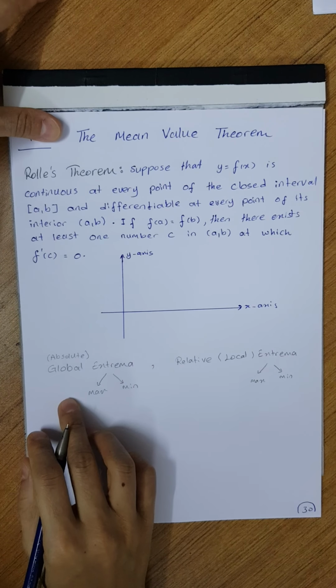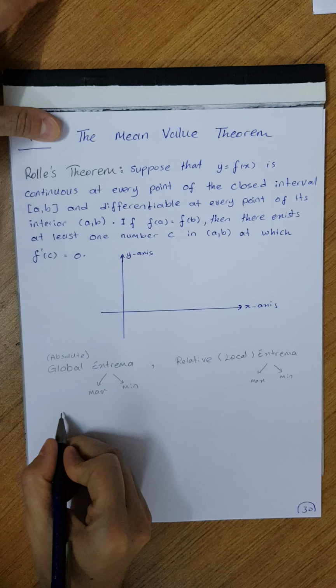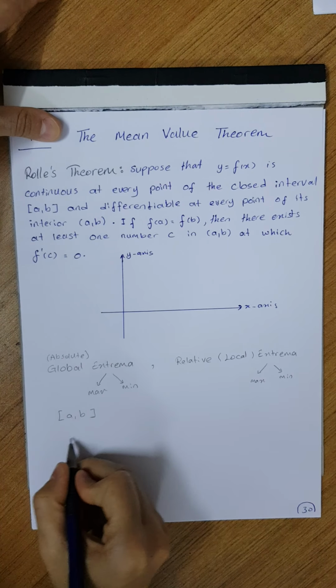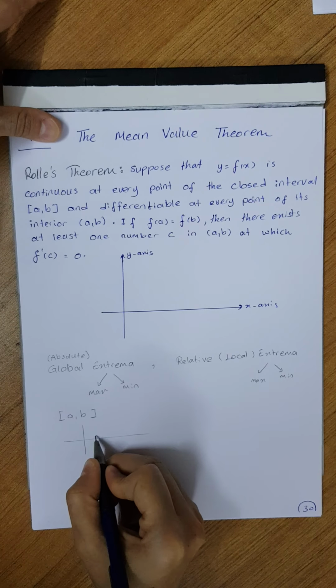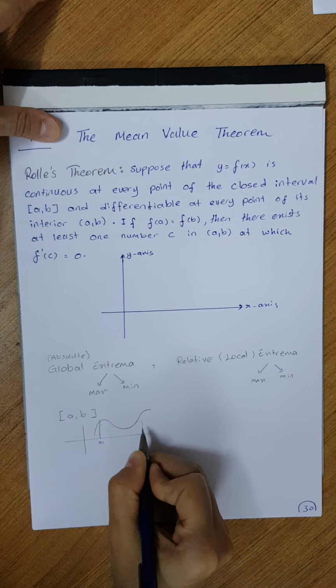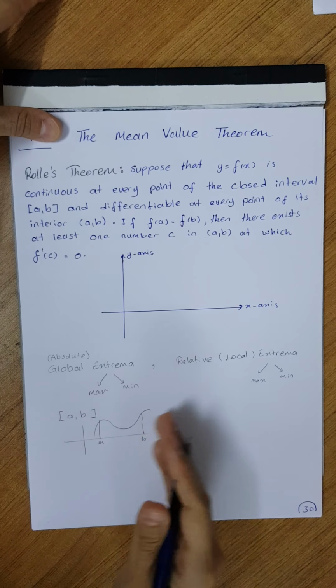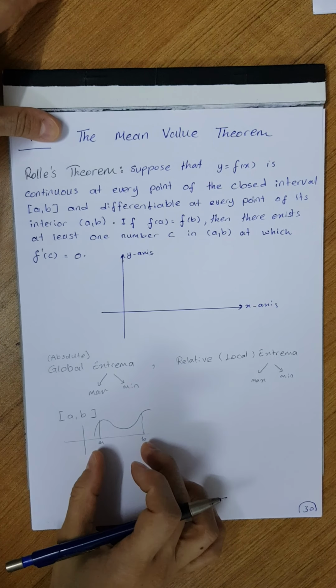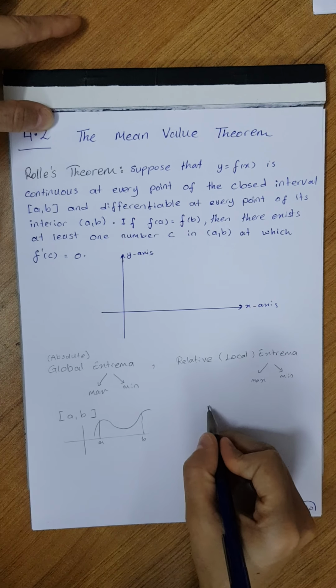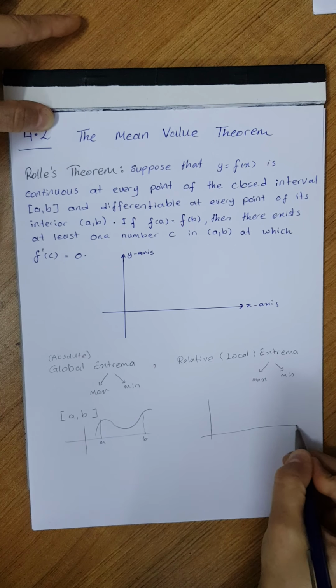But when we are talking about the global extrema, we are talking about the whole interval of the function that is given to us. For example, if you have a function like this one from a to b, we are talking about the global maximum and minimum on that interval. But when we are talking about local extrema, we have sub-intervals.